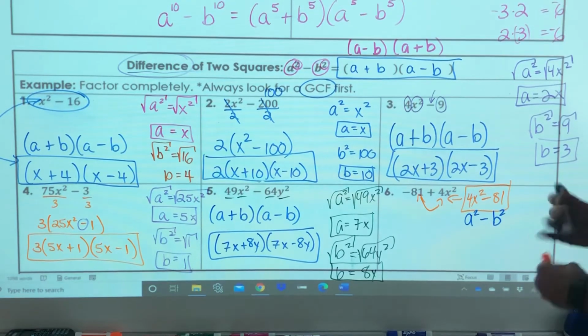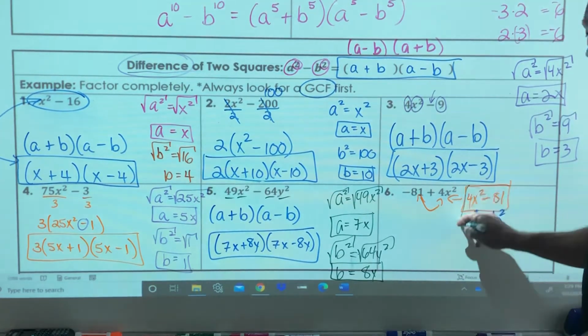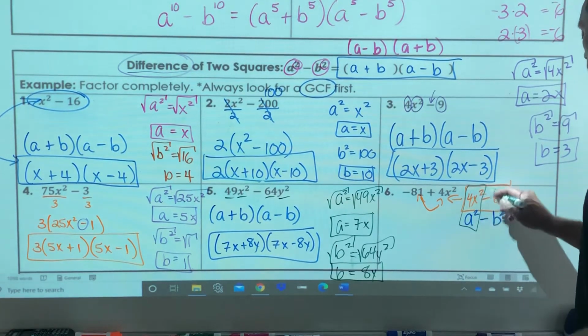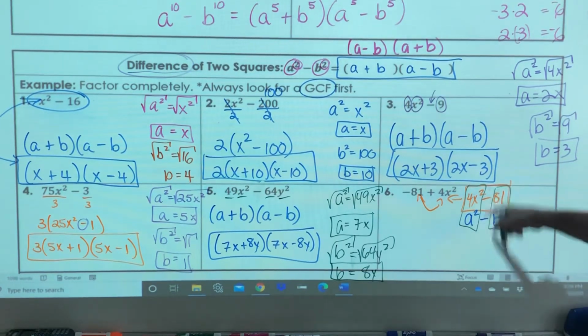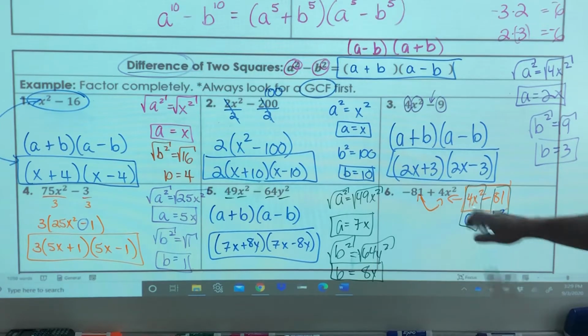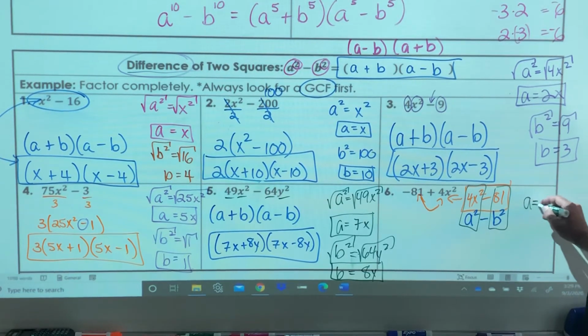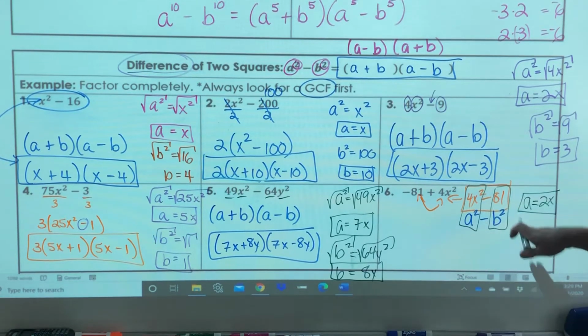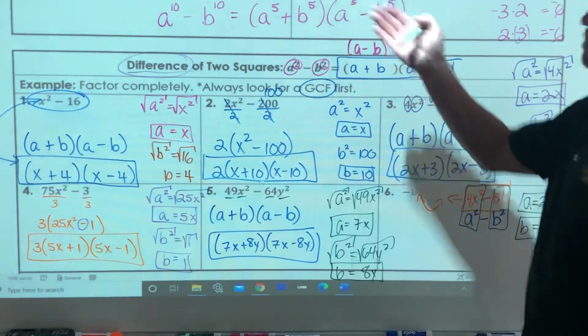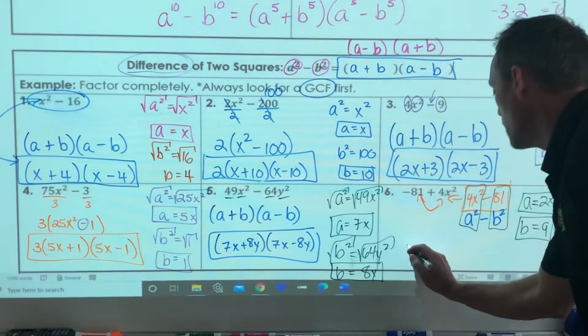Now we have all these parts that go together as opposed to it not looking the same, and our negatives are in line. So if we think about it, our a squared is 4x squared, so our a should equal 2x. We take the square root of each. Our b should equal 9. And it doesn't matter before plus or minus, we just plug and chug.